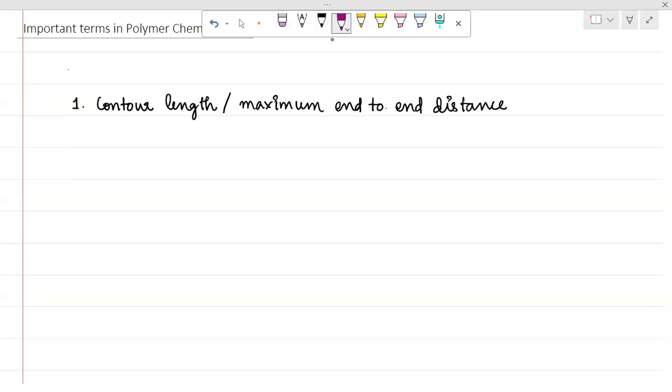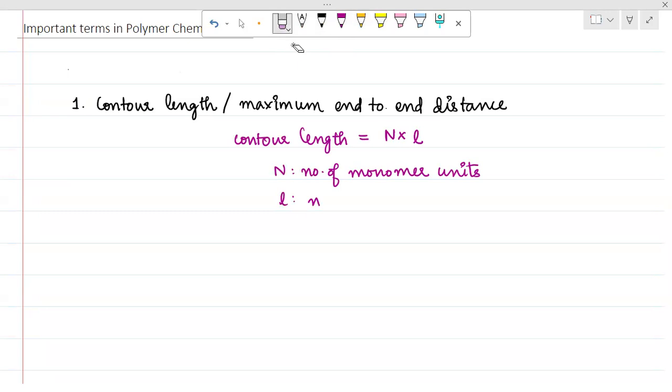All right. So what is contour length? The formula is very easy. Contour length is simply equal to N into L, where N is the number of monomer units which are present in the polymer, and L is the length of one monomeric unit.